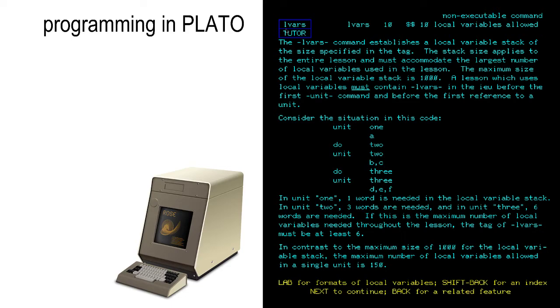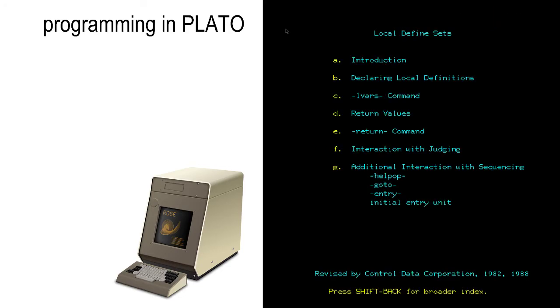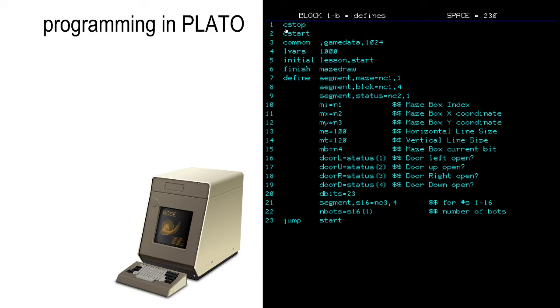So with that, we'll take a shift back again, get out of here, and back out again, and we're back to where we were in the editor. But you don't have to do that. I'm going to show you here, if you just want to see the quick reference for LVARs, you could have just as easily done the term key, what term I want some help, and what command do I want to look up.